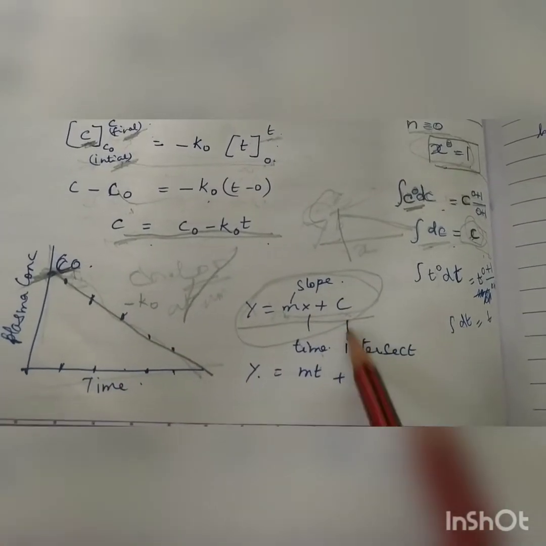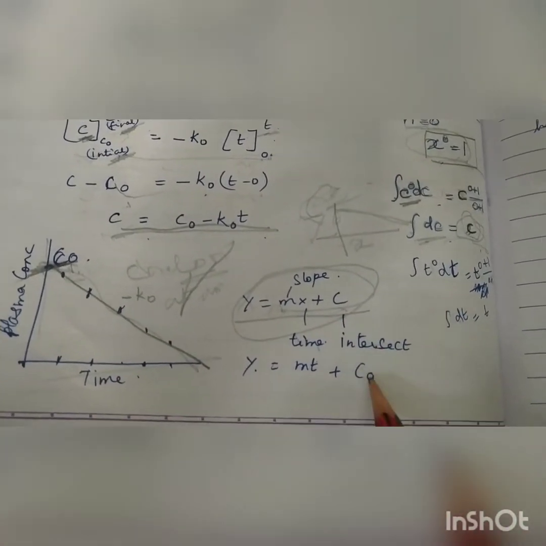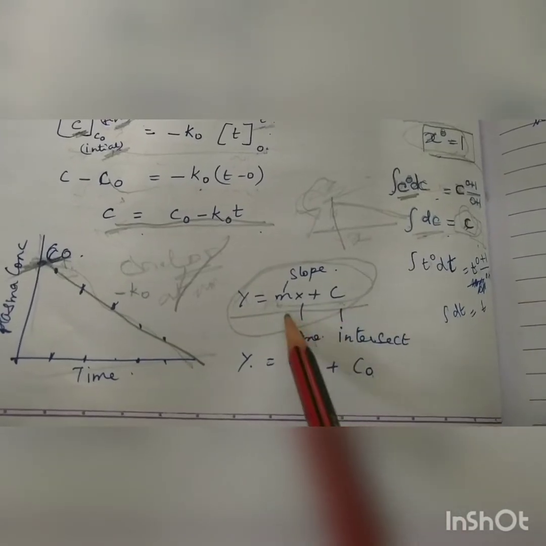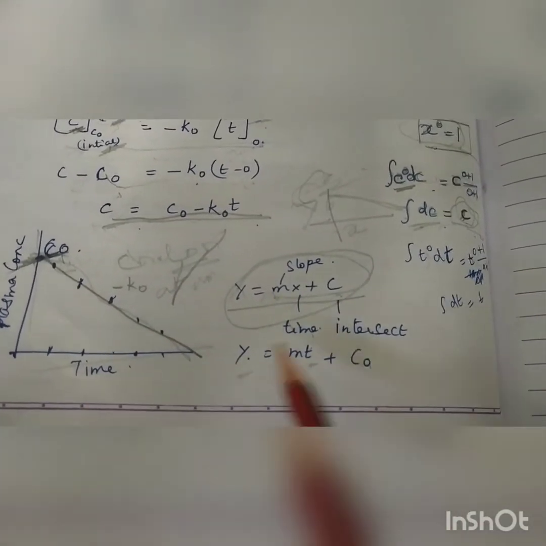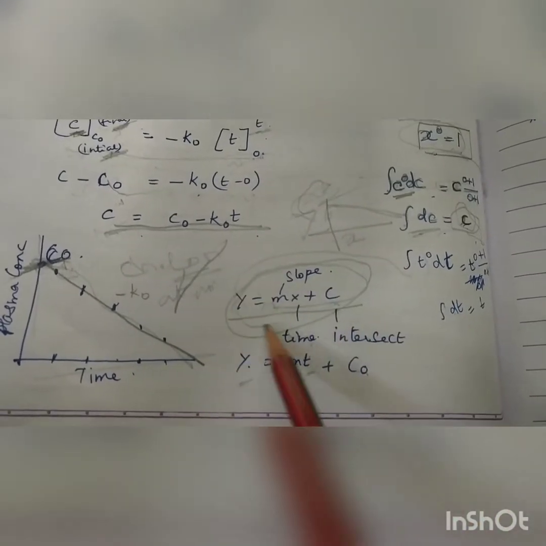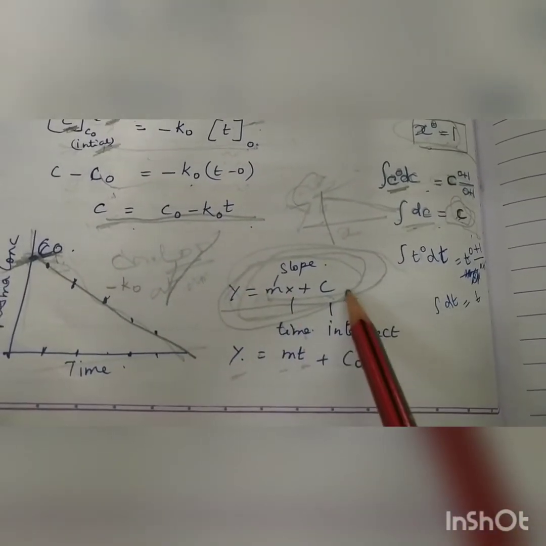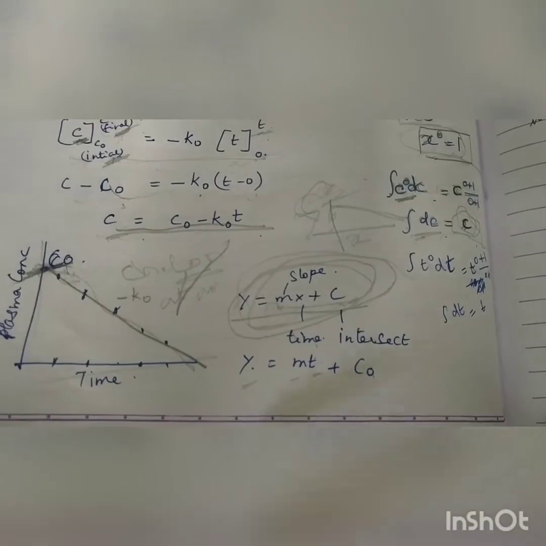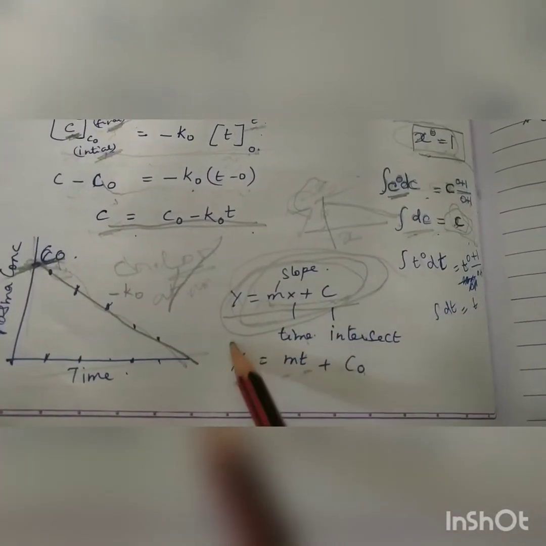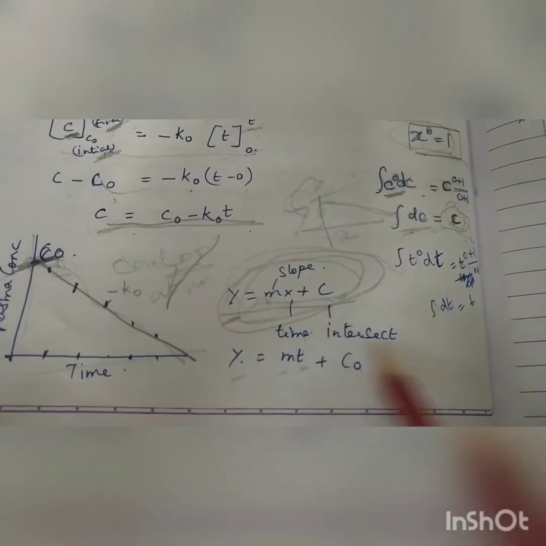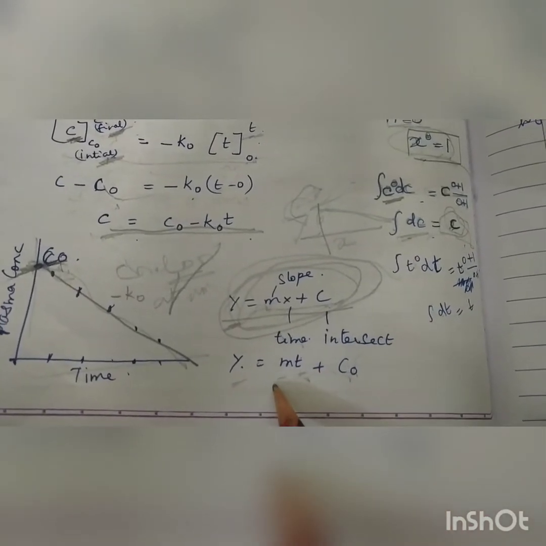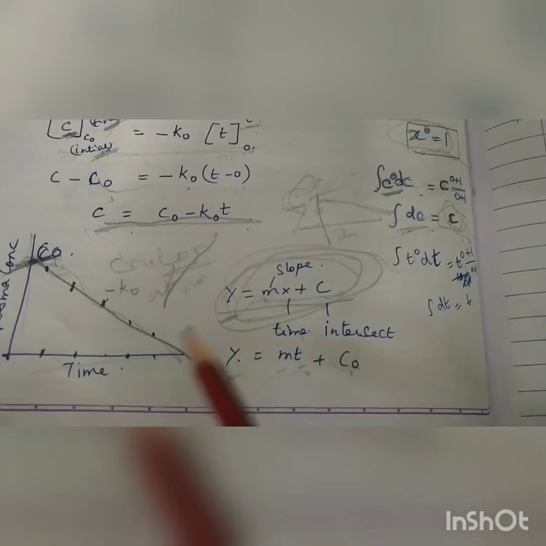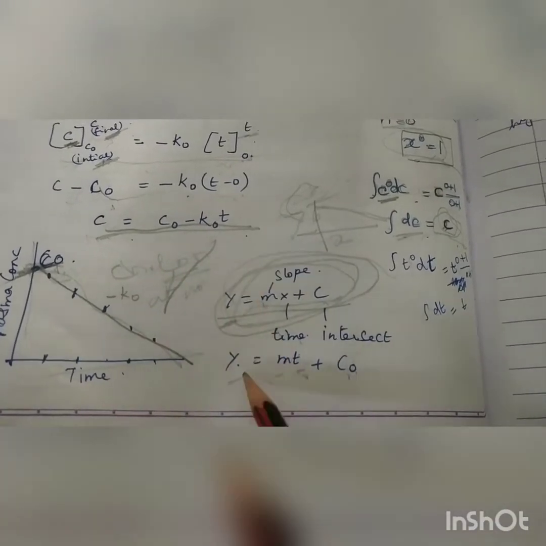So the intercept is C naught, and x is time, multiplied by the slope, and here y you can easily find out. Using this formula, you can easily find out the concentration at any time. This is the initial concentration, this is time, this is slope.